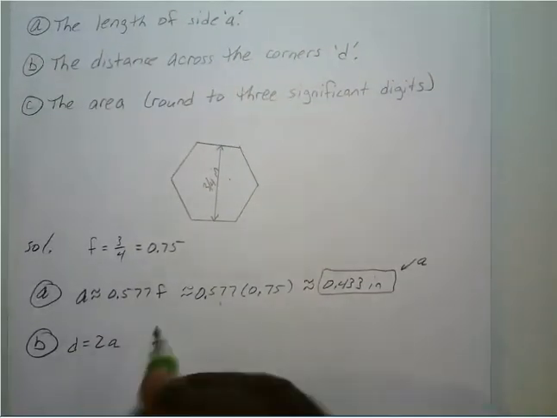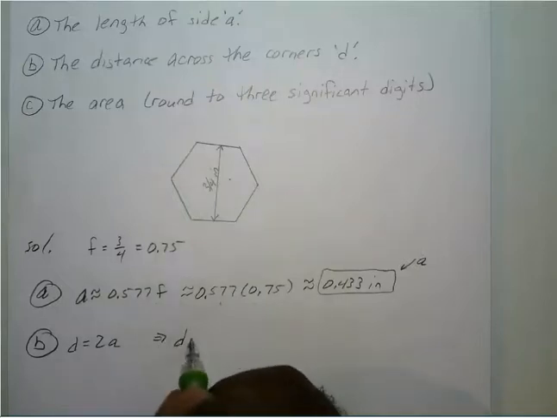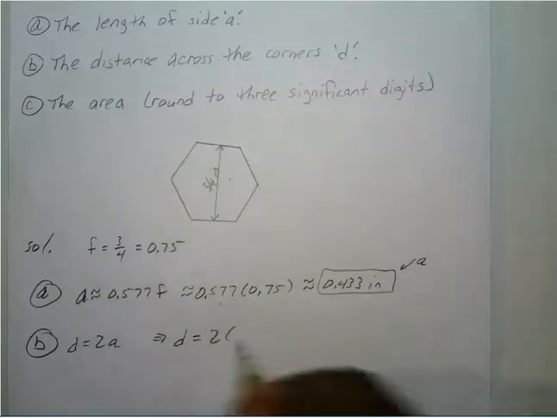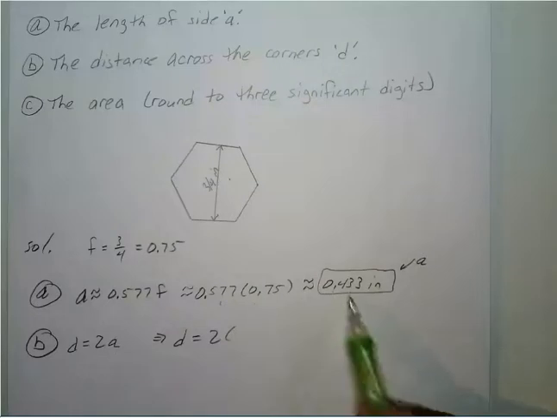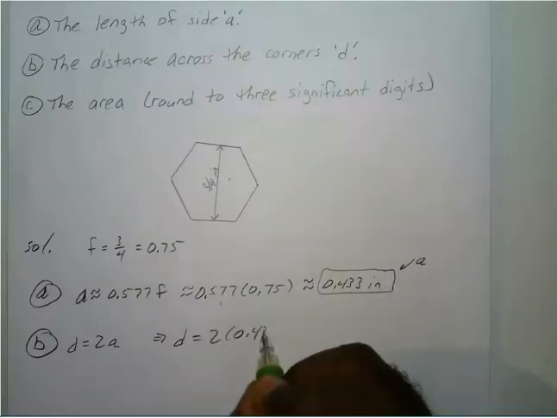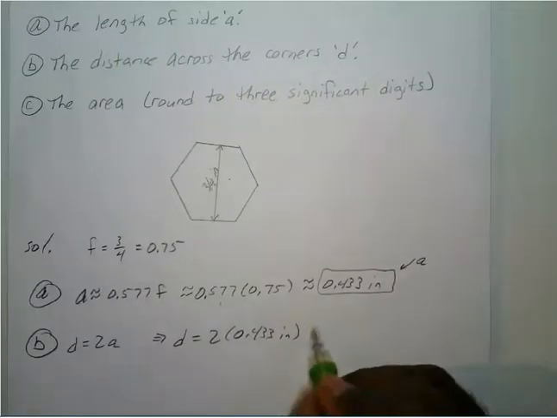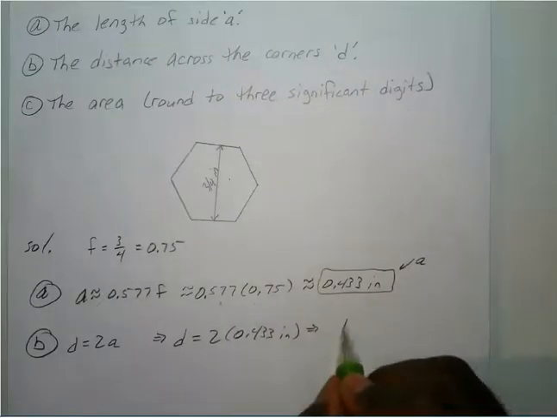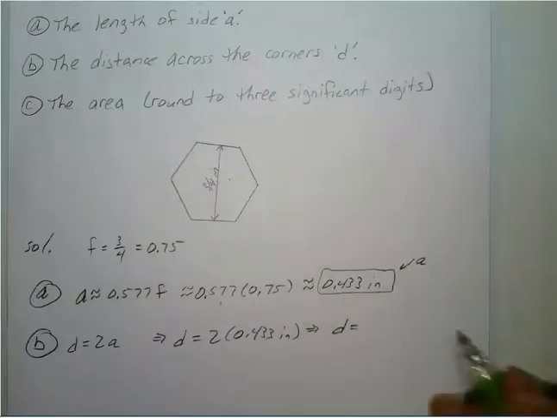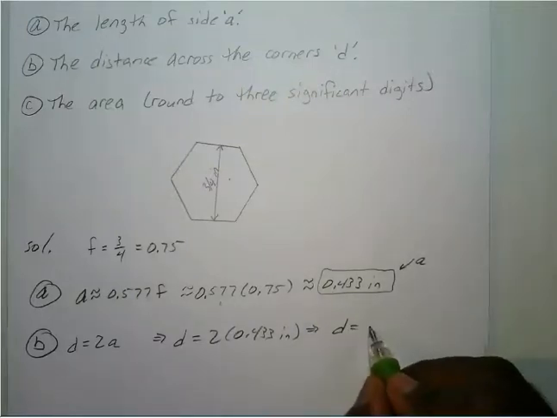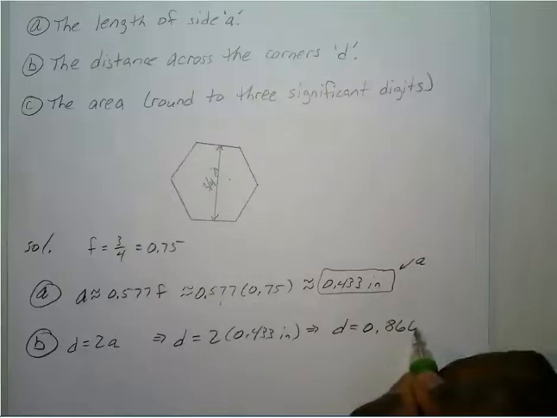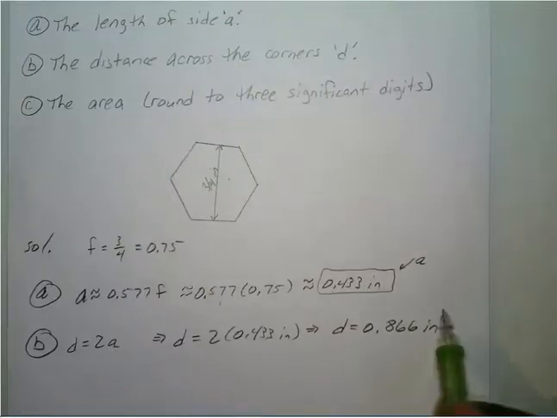So if D is equal to 2A, that means that D is equal to 2 times 0.433 inches. That's our A value. Okay, so we go ahead and multiply those two, and we end up with the distance across the corners being equal to 0.866 inches.